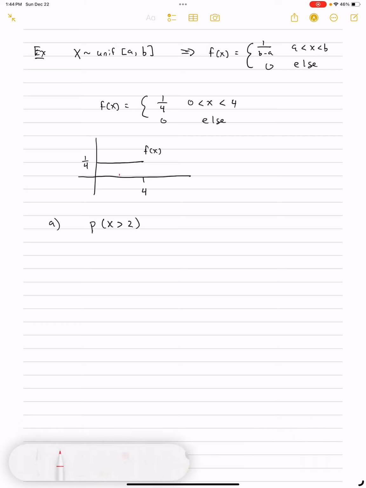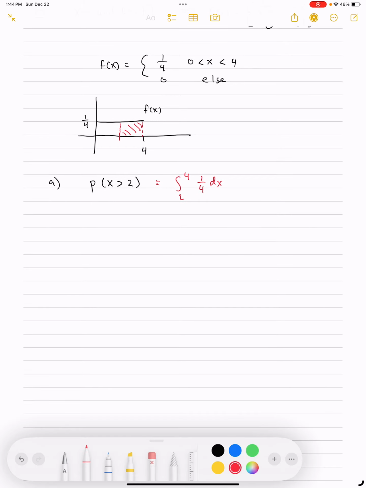So 2 corresponds to all the probability here, in red. So it'll be this integral from 2 to 4 of 1/4 dx.